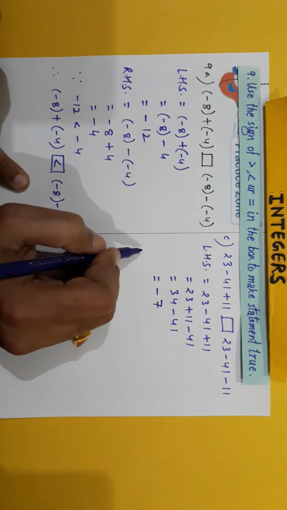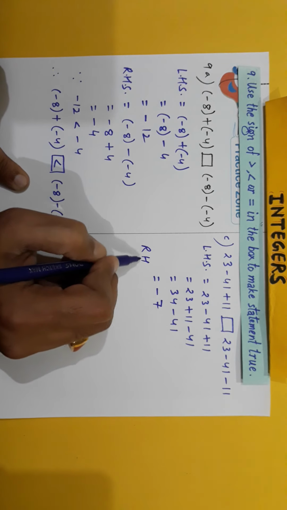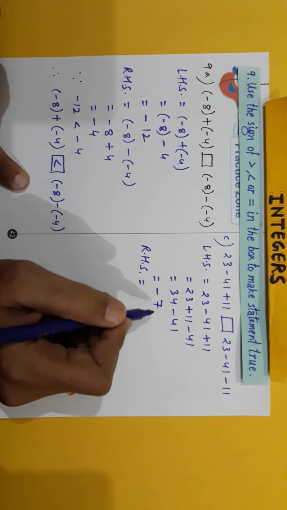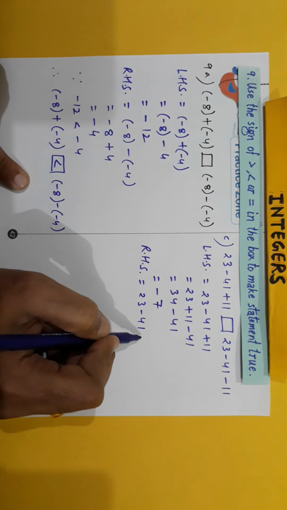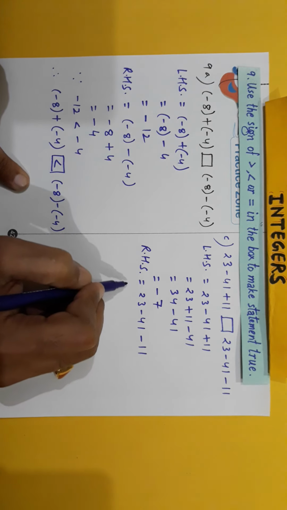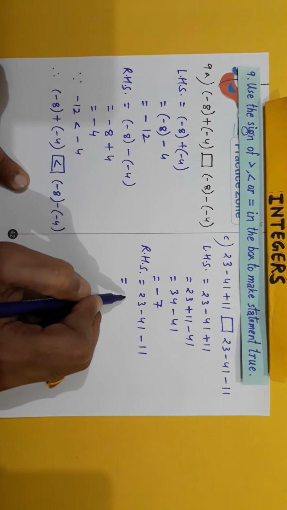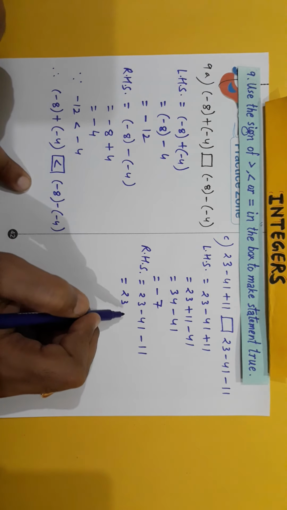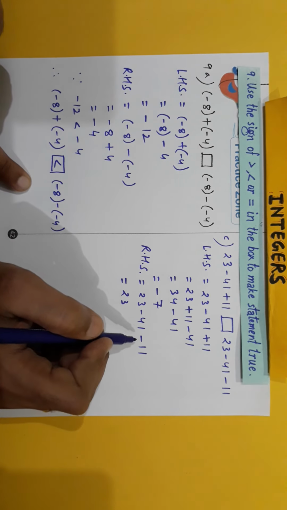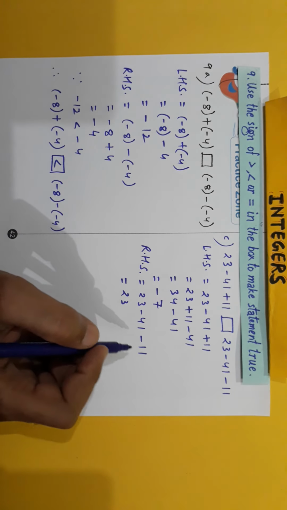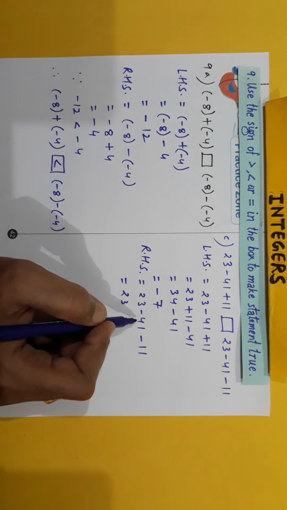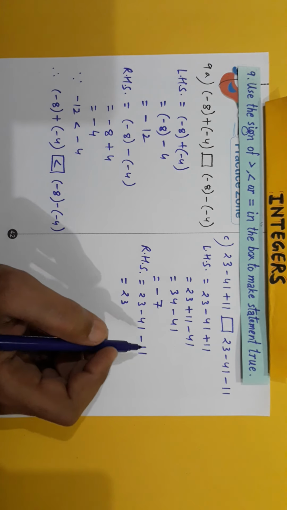Now let's talk about RHS. In RHS, the number is 23 minus 41 minus 11. You see over here that the two numbers which have the same signs are minus 41 and minus 11.